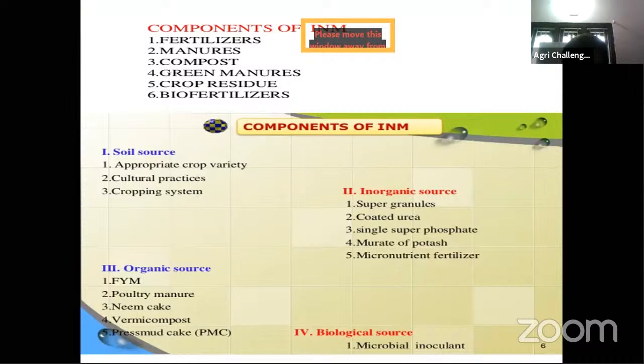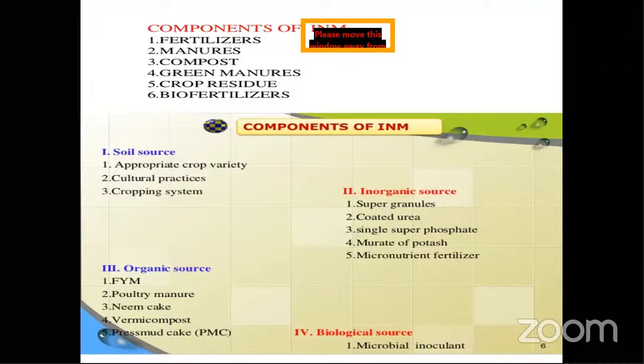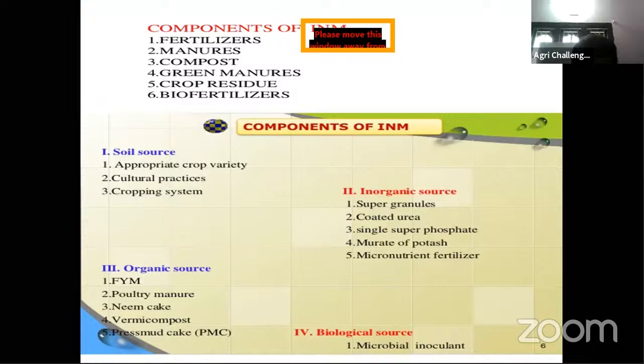It reduces the hydrolysis of the fertilizer, that is the speed of urea enzyme action, and reduces the excess availability, which is not required for the plant, and it reduces the loss of the nutrient. Then single superphosphate, muriate of potash, and micronutrient fertilizers. These are all inorganic sources.